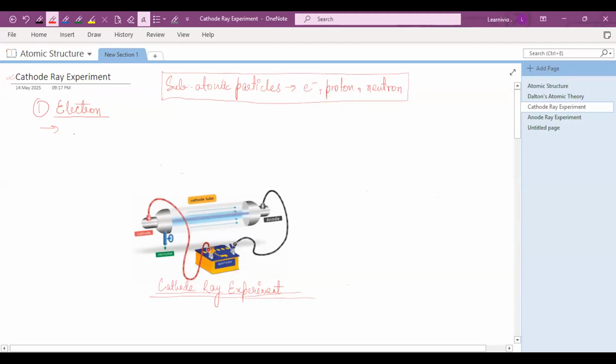So, who discovered the electron? J.J. Thomson discovered the electron in 1897, right? And we know that the electron is a negatively charged particle.